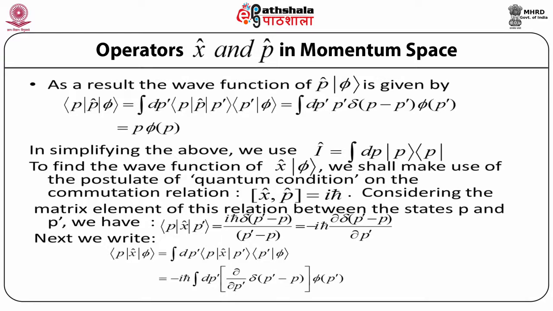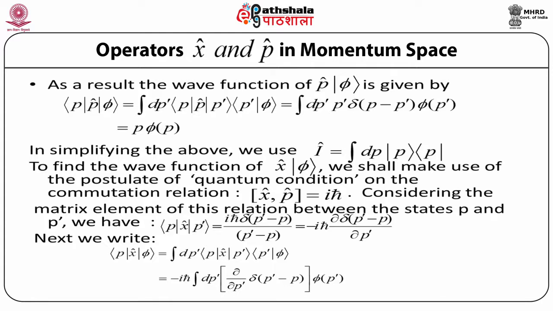Now, if we want to find out the wave function of operator x acting on state vector phi, we shall make use of the postulate of quantum condition on the commutation relation between the operator x and the operator p, which is the commutator of operator x and operator p equal to i h cross, as was defined earlier.